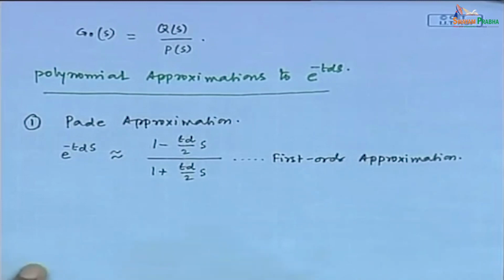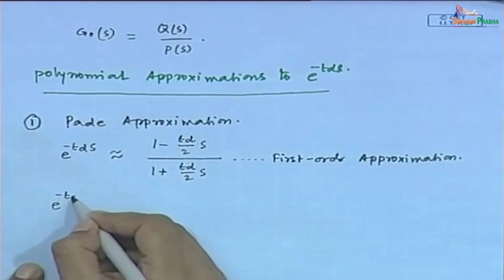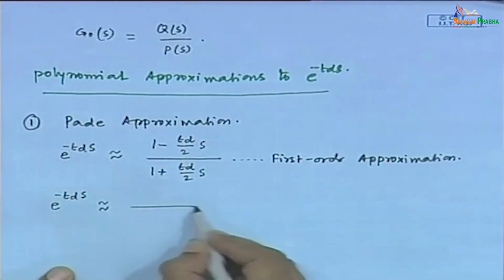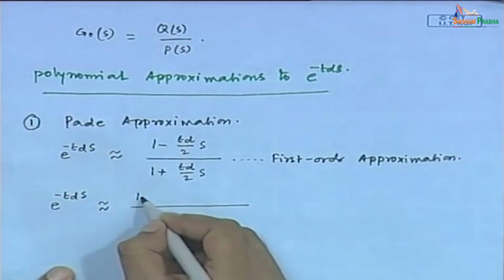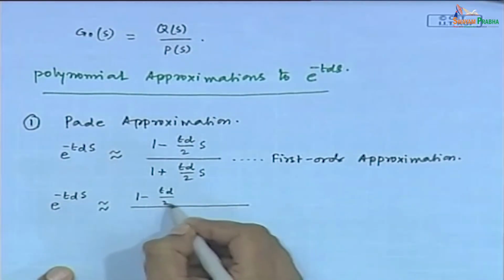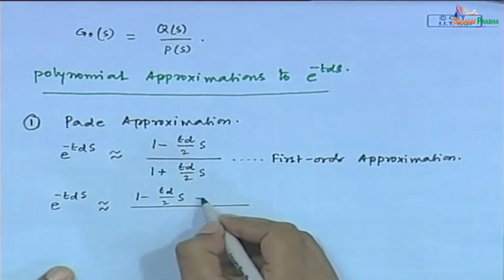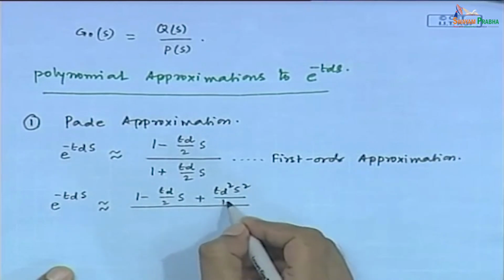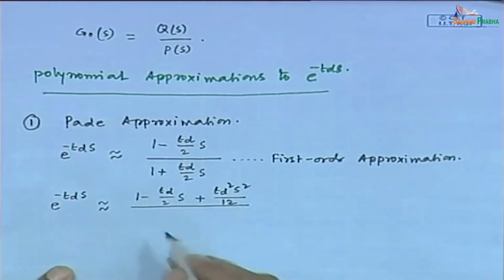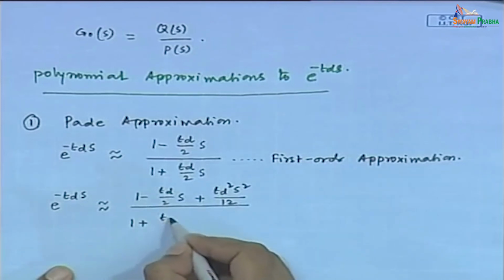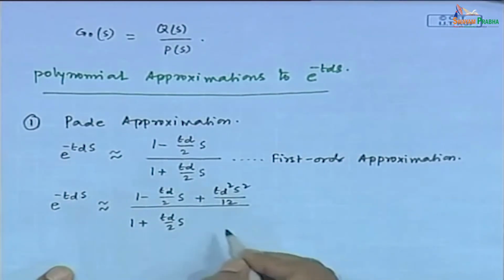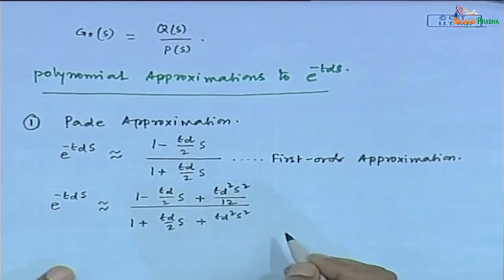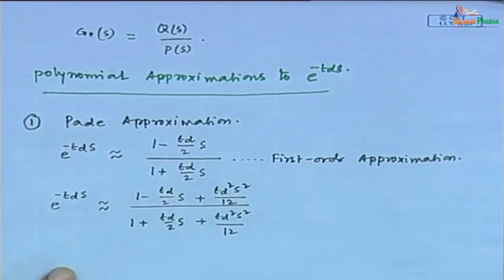Similarly, we can write the form as second order Padé approximation: 1 minus TD divided by 2 S plus TD square S square divided by 12, divided by 1 plus TD divided by 2 S plus TD square S square divided by 12.